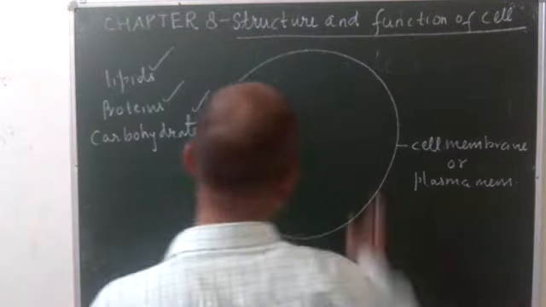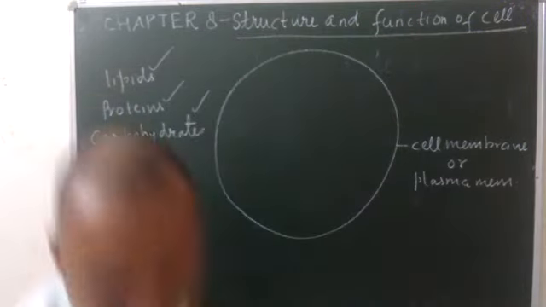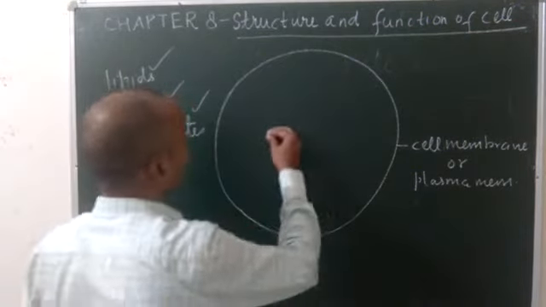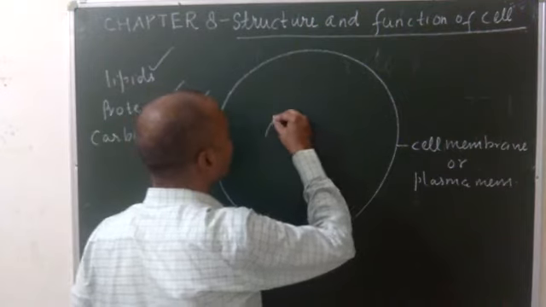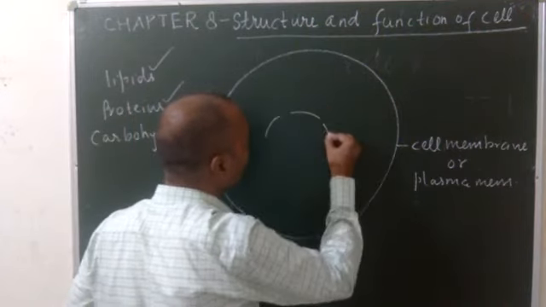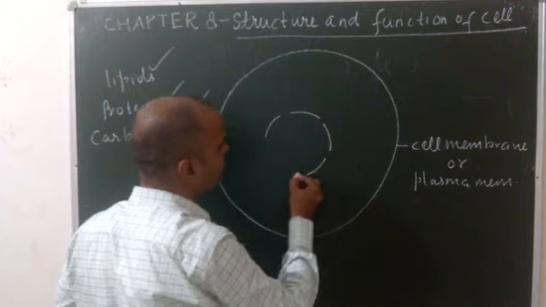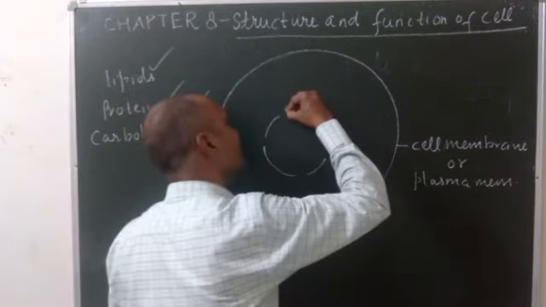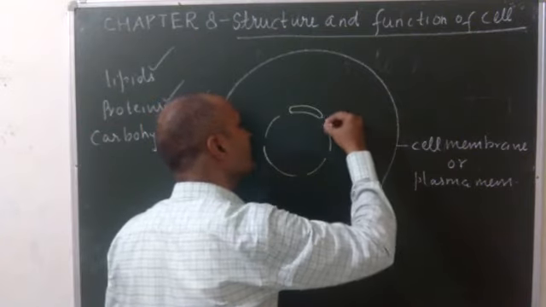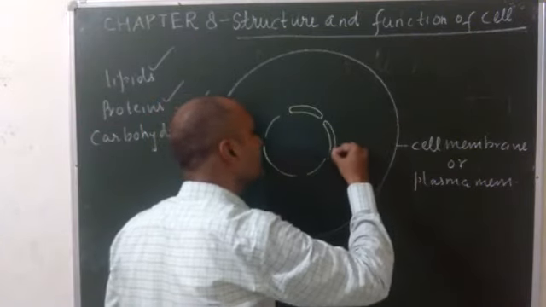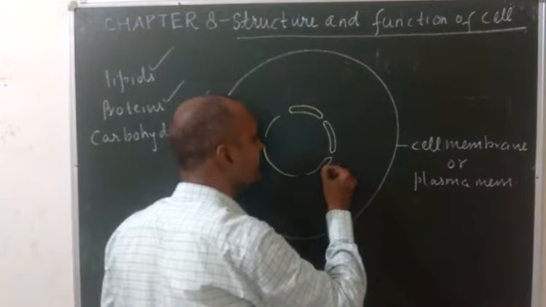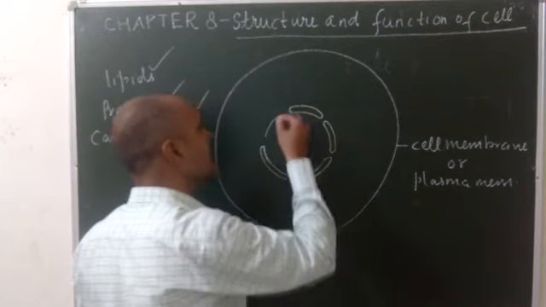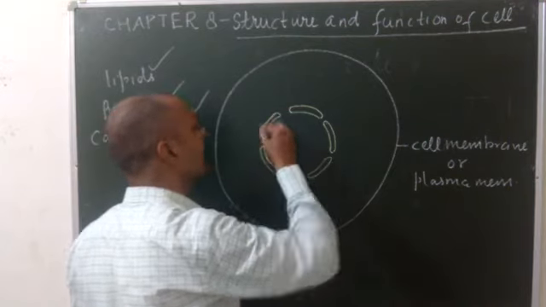Now see, inside the cell there is a spherical, round-shaped structure known as the nucleus. Suppose this is the nucleus. It has two membranes; the nucleus has its own membrane. First we will draw one line, then we will continue with the second line.